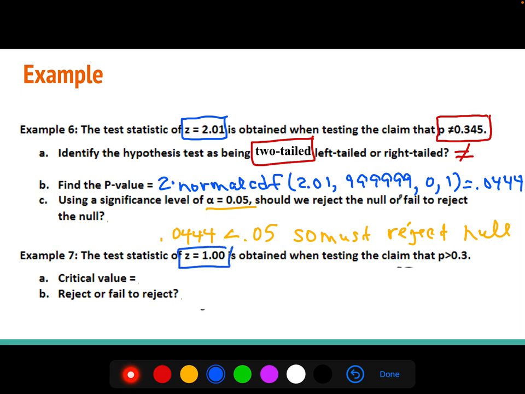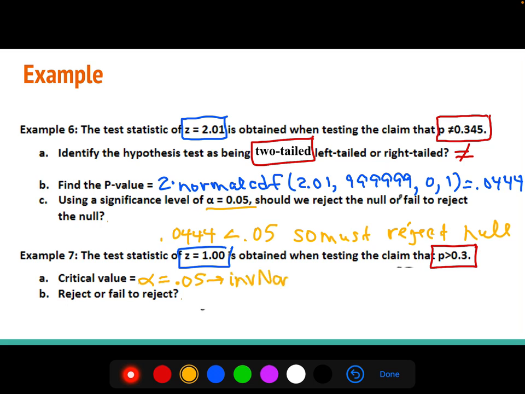Our next one, our statistic Z, and we're claiming P is greater than 0.3. So our critical value, we didn't talk about that before. What's critical value? Remember, that's alpha, and we usually make it 0.05. So what does that mean?